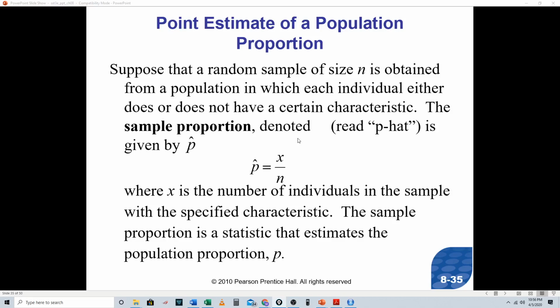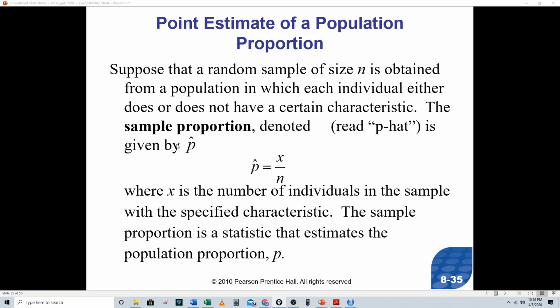We could ask, what's the probability that it's higher than that, or lower than that, or higher or lower than a certain percent. In this case, we're not given a mean, we're given a percent or proportion. So we want to find a way to do probability distribution with a proportion.